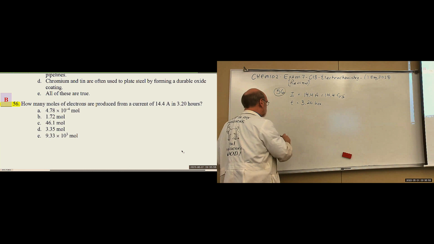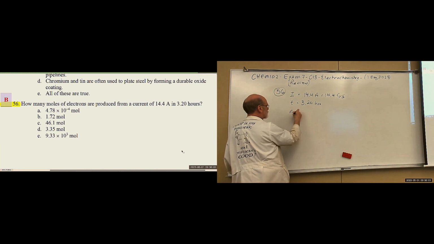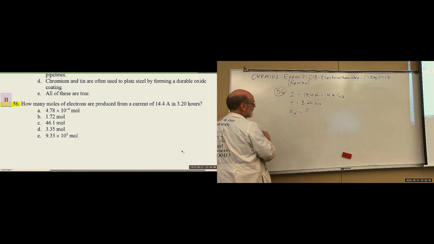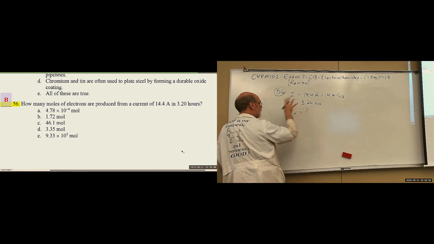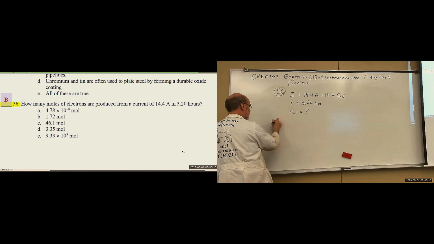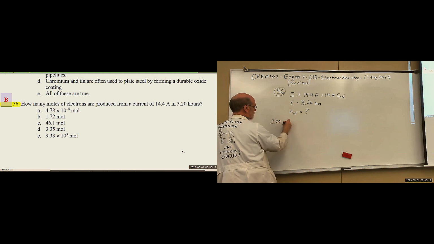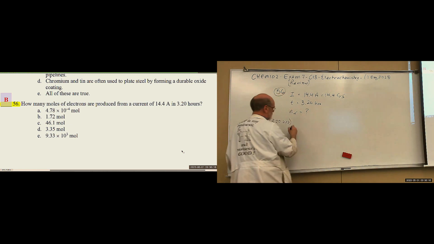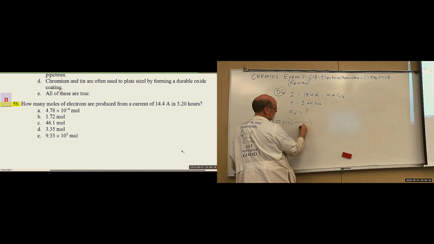So we're looking for moles of electrons. Well, if you've got this much time for that current to go, I would start with the time. But we're not going to be able to cancel seconds with hours, right? We got to convert this to seconds. So how many seconds in an hour?